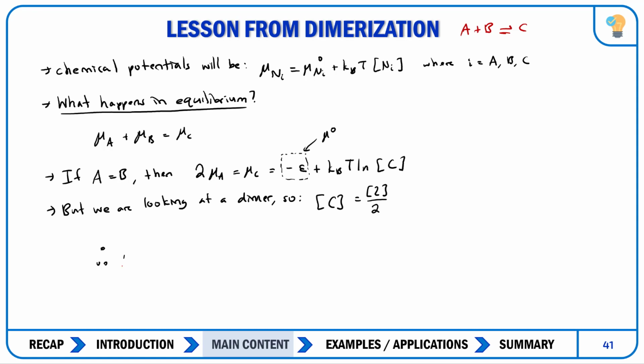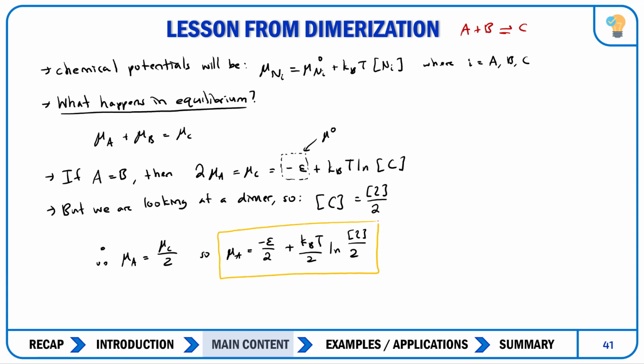You have mu A being equal to basically mu C divided by 2. So mu A is equal to negative epsilon over 2 plus kBT over 2 ln of the concentration of a dimer divided by 2. So let's highlight this as another equation we've been able to derive.